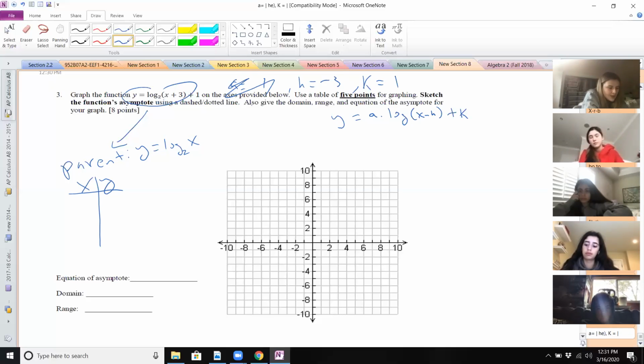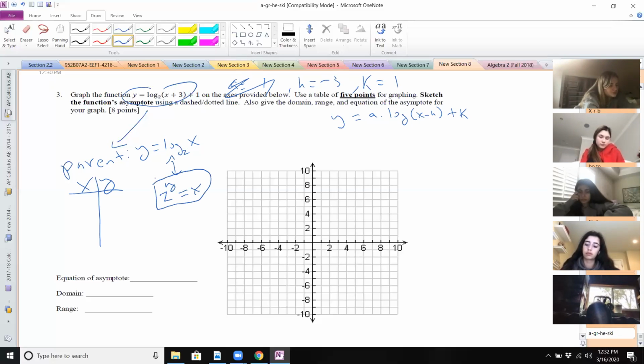But let's focus on the parent function first. Now remember, this is the same thing as saying that. Same exact thing. It's the inverse of what we saw in the first problem we did, where now y is the input and x is the output.